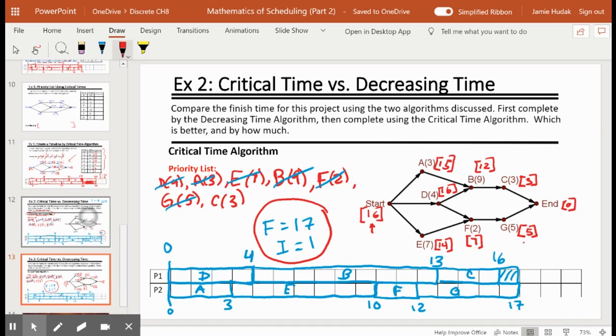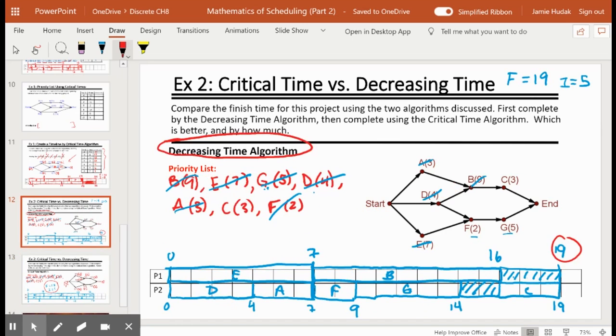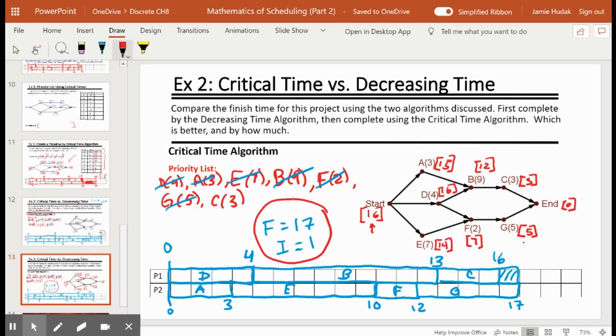If we go back to the previous slide, we saw that we had 5 units of downtime. In terms of big projects, that could be 5 days, 5 weeks, 5 months. We don't want to incur those costs. So if we can bring the downtime down to 1 or to 0, we've made a very efficient schedule and we have less waste in our cost and time to complete the project.